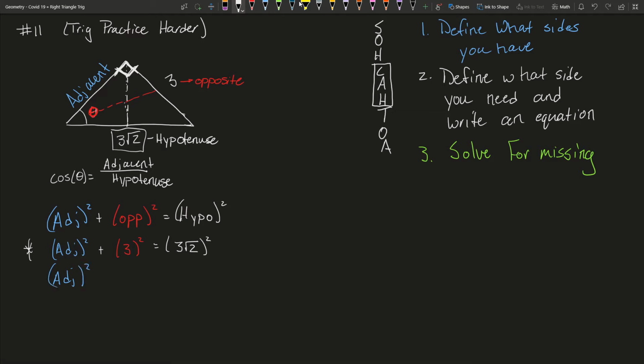Three squared is 9. And then 3 rad 2 squared we can rewrite as 3 rad 2 times 3 rad 2. I think this is where people start to get a little bit mixed up. When you have 3 rad 2 squared, that square tells you how many times we're multiplying what's inside the parentheses by itself. So 3 rad 2 squared is 3 rad 2 times 3 rad 2.